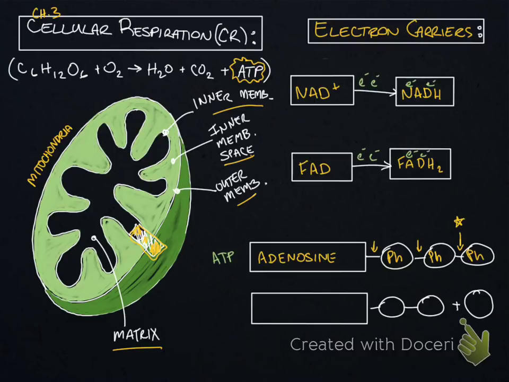So to form ATP, we have to have an ADP, adenosine diphosphate. That's an adenosine attached to 2 phosphates.